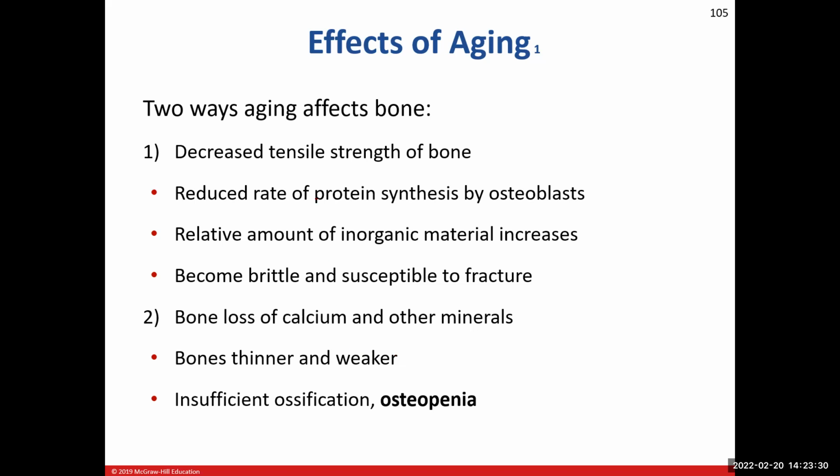One is that it's going to decrease the tensile strength of bone. Remember, osteoblasts secrete the osteoid, and the osteoid is going to be the ground substance, and the protein fibers are what is found in the osteoid. Well, like I said, aging slows everything down and it makes less of whatever it is that you're producing. So the osteoblasts are going to produce less proteins, right?